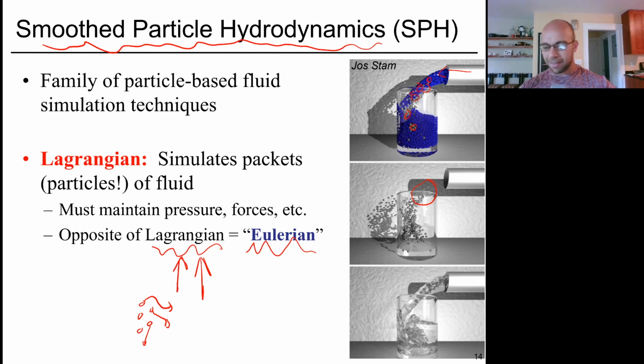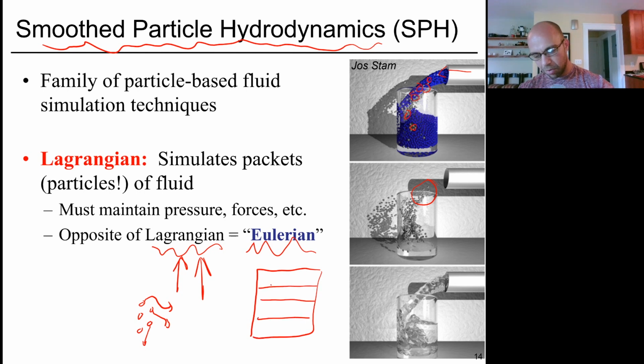In Lagrangian physics, the actual software code you end up writing looks a lot like the particle systems we'll talk about today. Now, in Eulerian physics, you do a different thing, which is you take your bucket of water, you chop it up into a grid, and now the grid remains fixed.